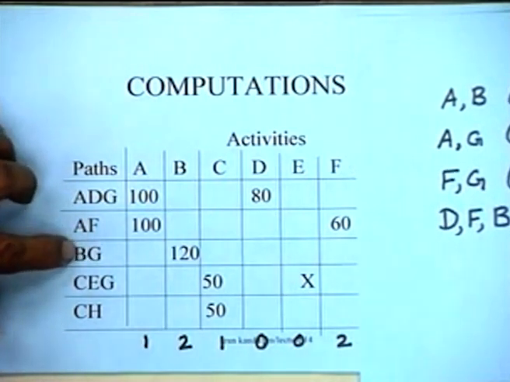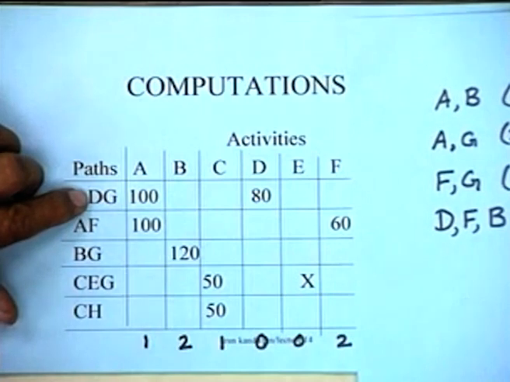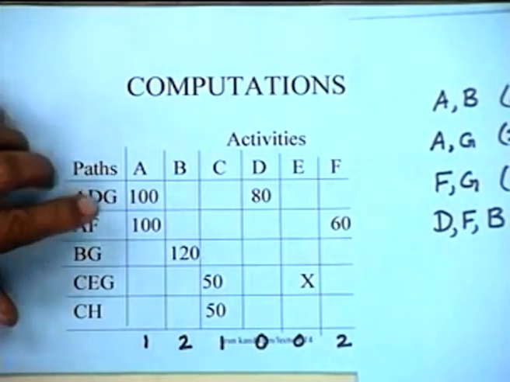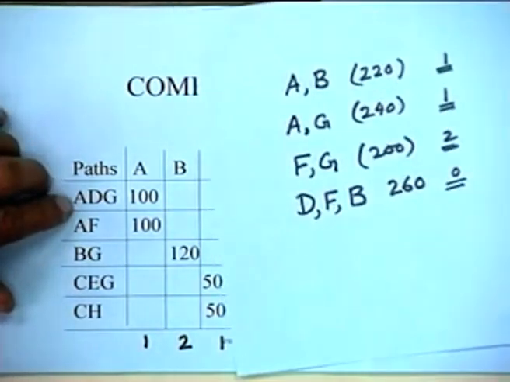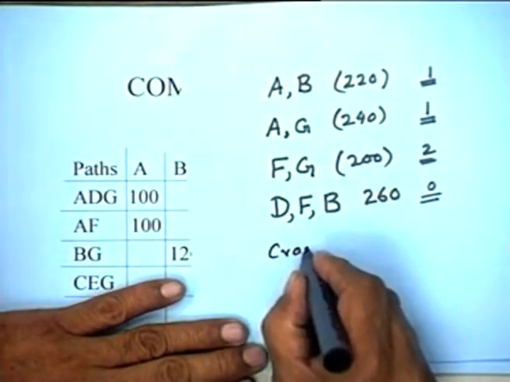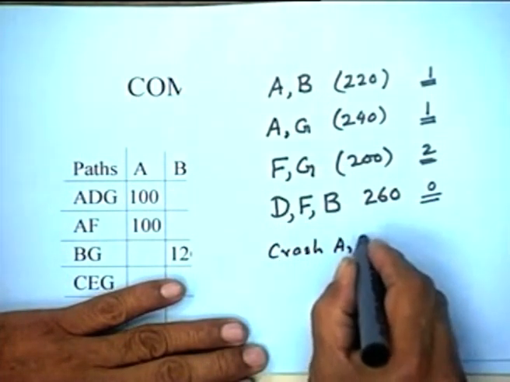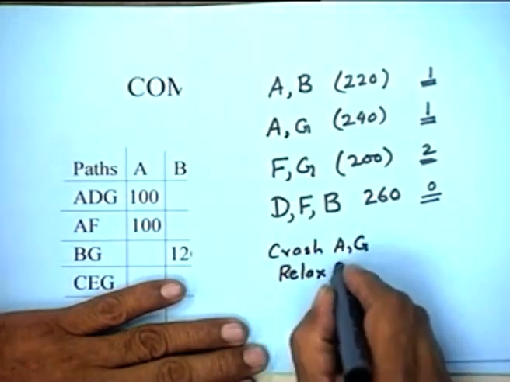This path will be reduced by 1 day with A and G. So what can be done is that D, which was previously crashed, can in fact be relaxed, because we don't want to reduce it by 2 days. We want to reduce it only by 1 day. So what you can do is, if I for instance say that crash A and G by 1 day and relax D by 1 day.